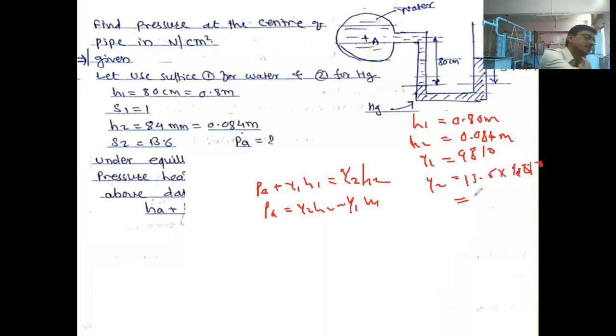Which is equal to 133416. So put those values in this equation, minus gamma 1, 9810, into H1.